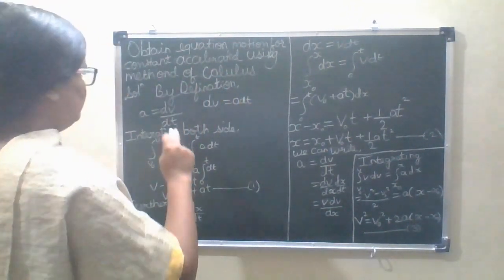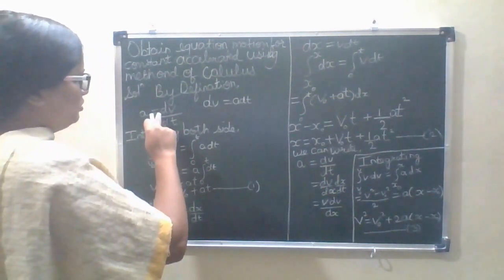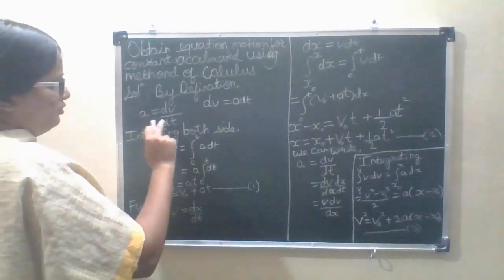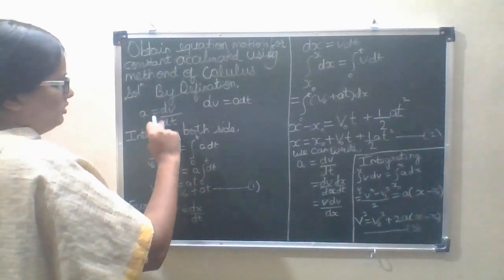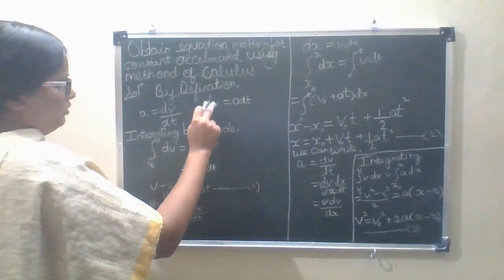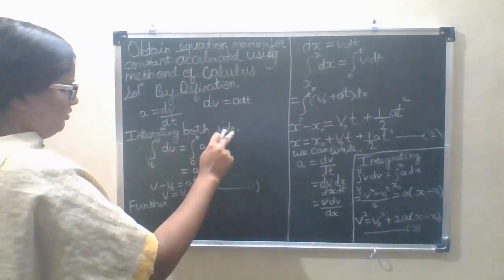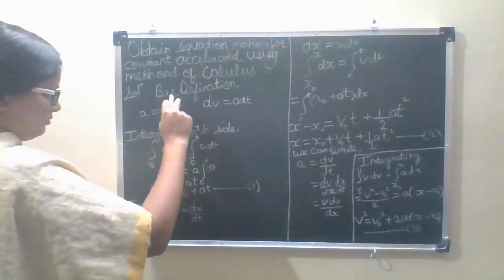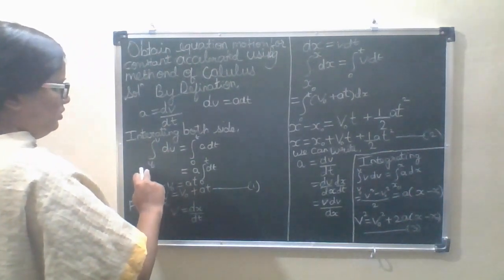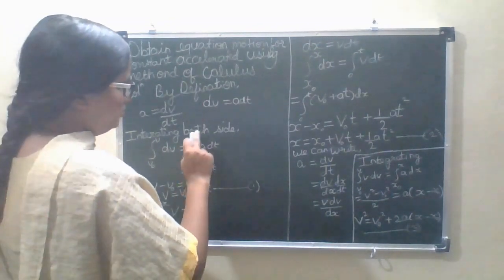So we know that a is equal to dv by dt, meaning the derivative of velocity is acceleration. Then dv is equal to a dt. Integrating, we get the integral of dv from v0 to v is equal to the integral of a dt from 0 to t.